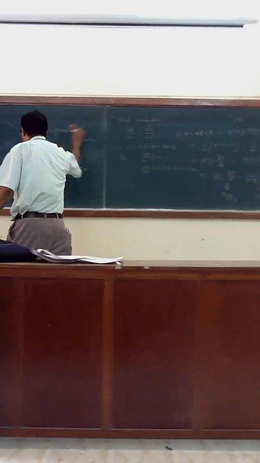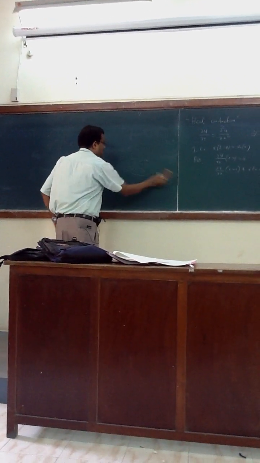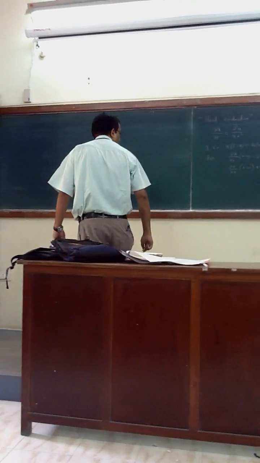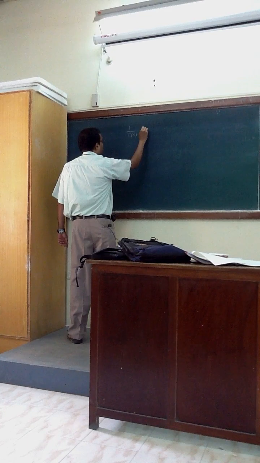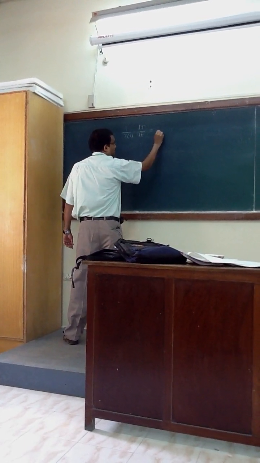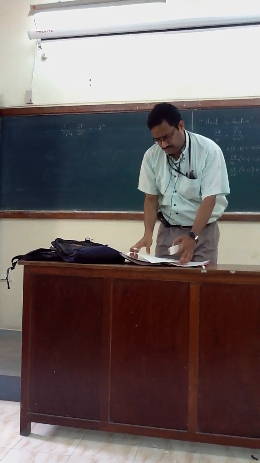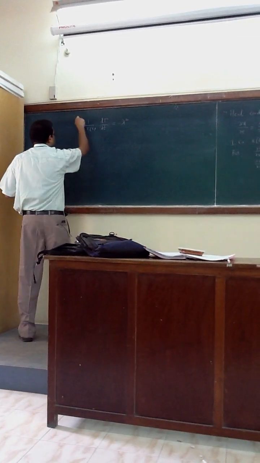So now once we have fixed the constant, we finally got 1 by T of t, dT by dt equals minus lambda square, right? This is the one part.